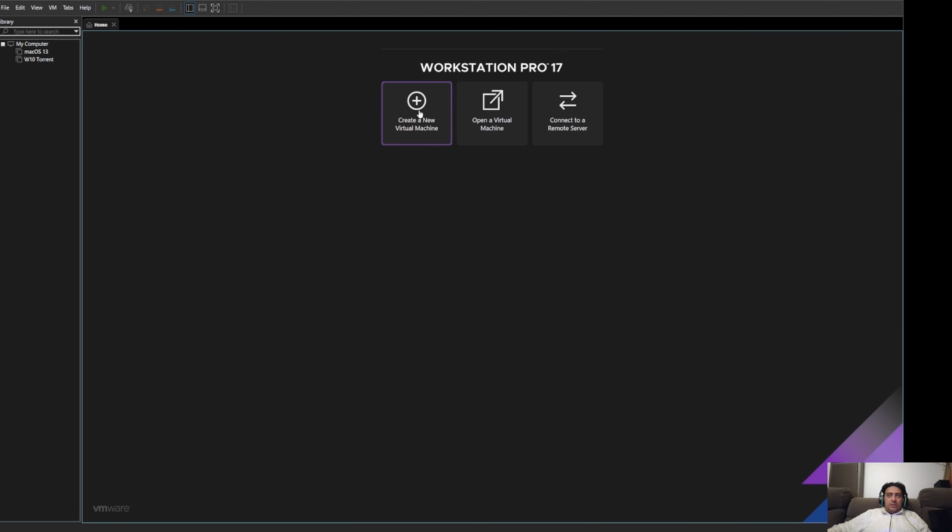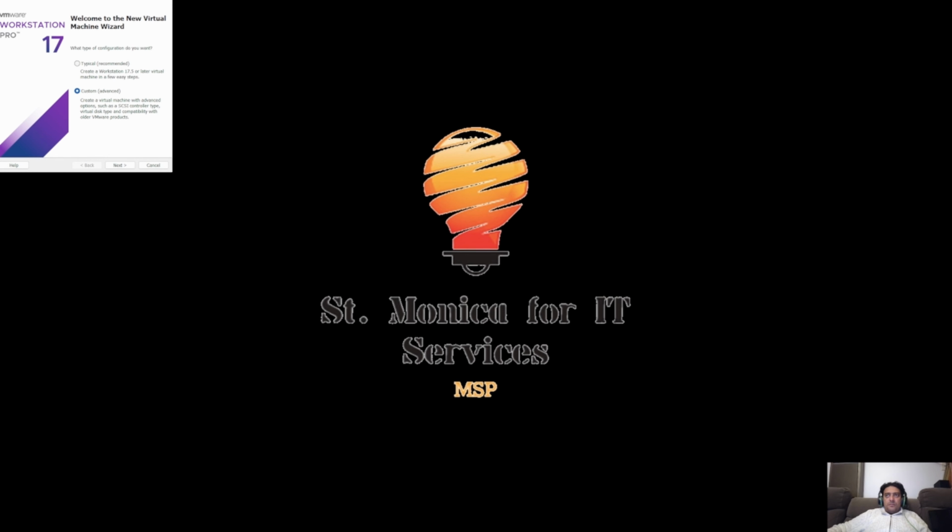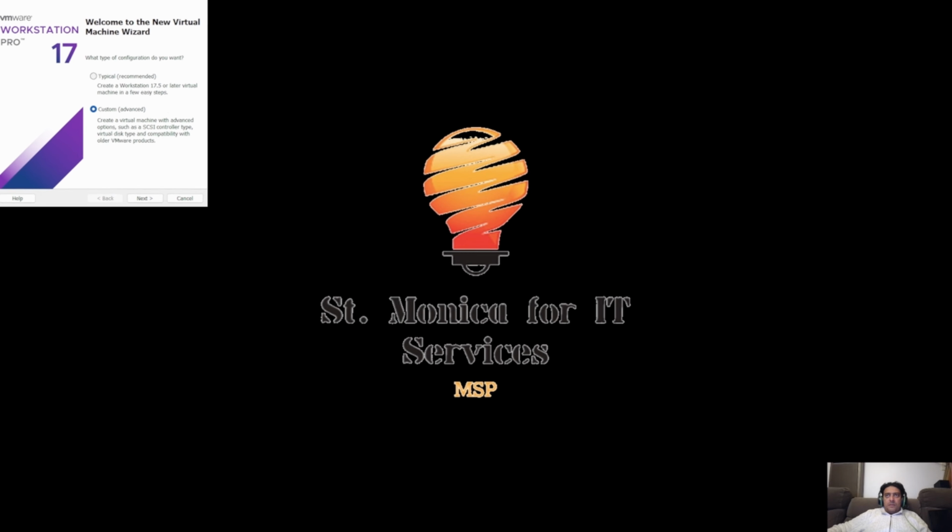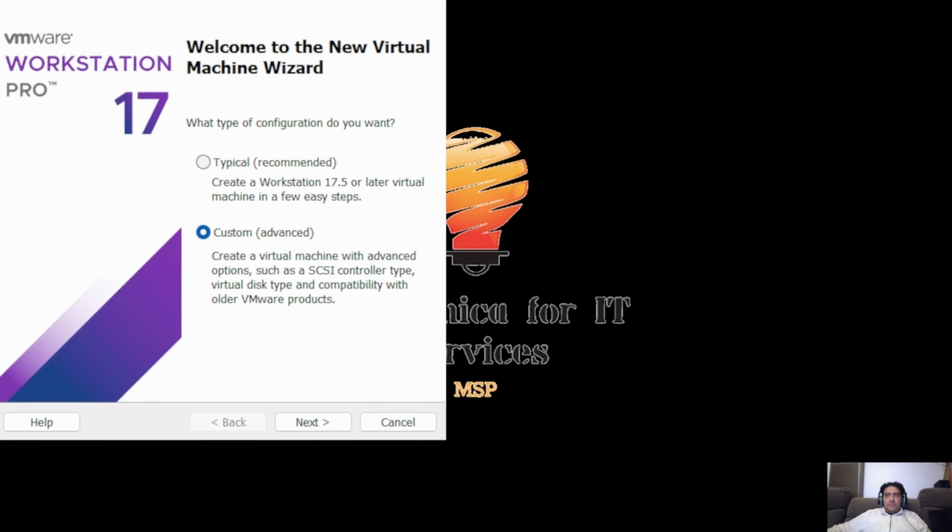Now step by step we are going to do that. So first thing is click on create a new virtual machine. Now the settings, you can't see it. Let me just fix that for you. I believe you can see it now.